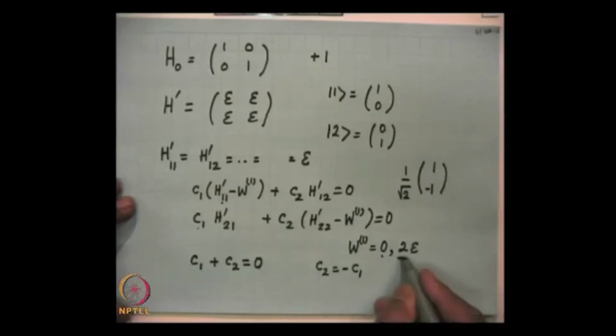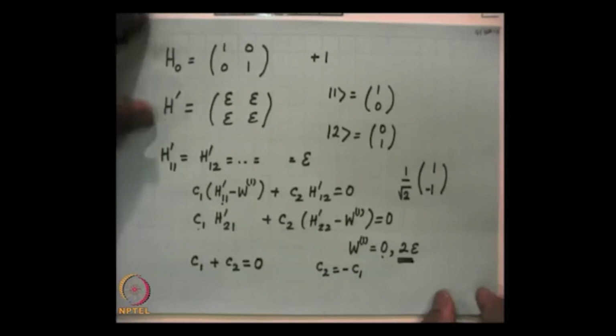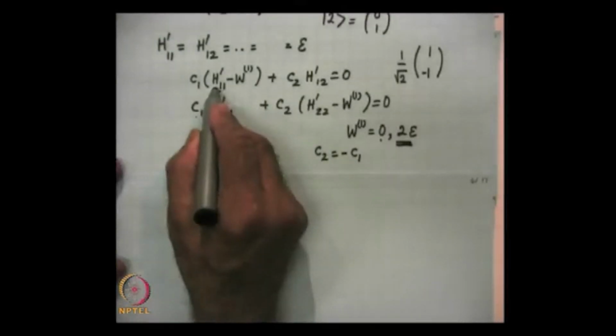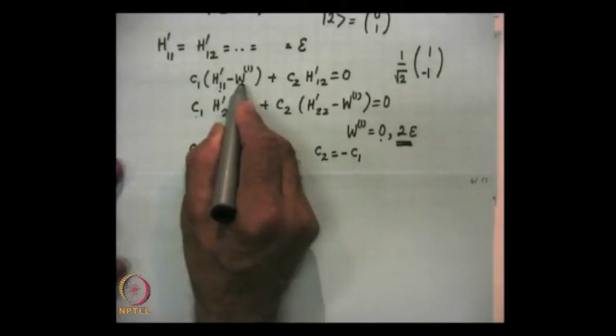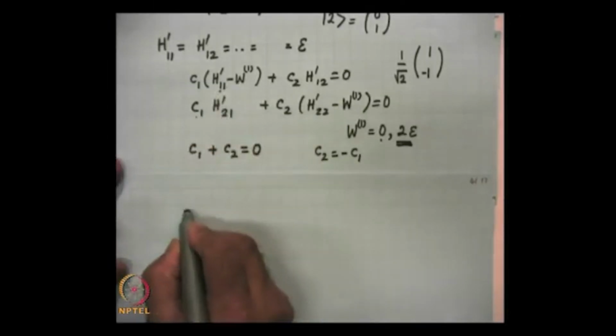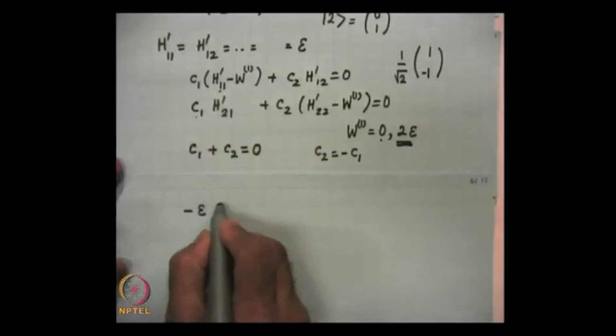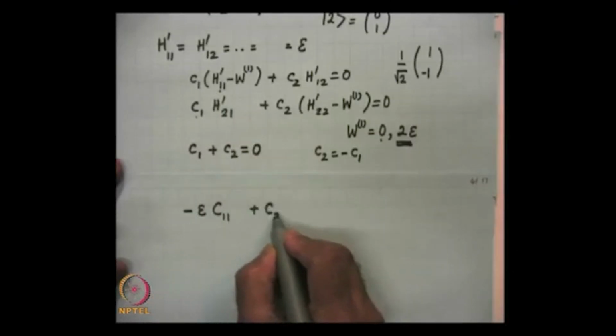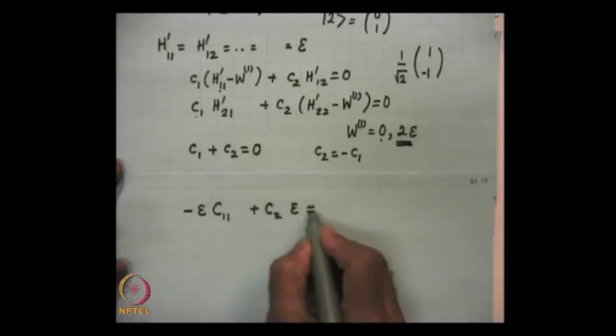Now we take W 1 equal to 2 epsilon. So H prime 1 1 is epsilon, and epsilon minus 2 epsilon is minus epsilon. So minus epsilon C 1 plus C 2 epsilon is equal to 0.